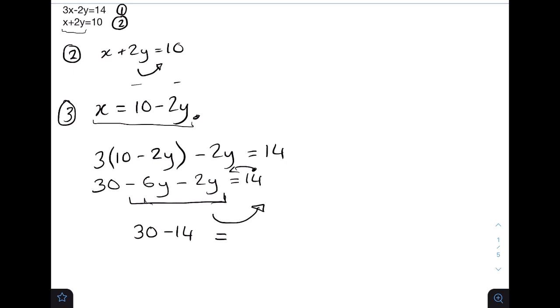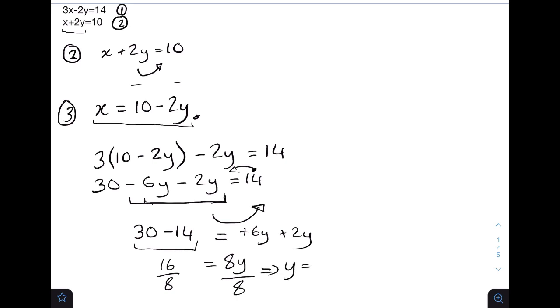Because there's 2 minuses, we just add them to the right hand side. So that's plus 6y plus 2y. This gives us 16 equals 8y. We divide through by 8 on both sides. This gives us y is equal to 2.